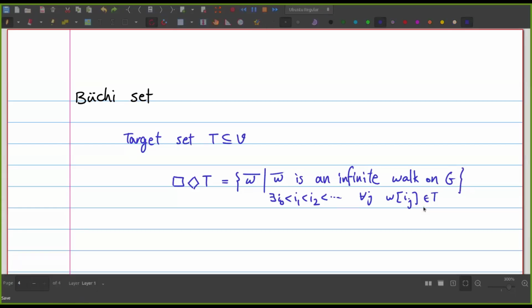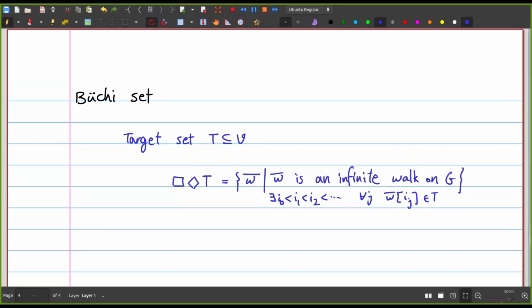Okay. So all I'm saying here is I want to look at the set of all the infinite walks on G, starting at my vertex V0, that visit my target set T infinitely many times. So this W bar is visiting T at times I0, I1, I2, and so on, and this is an infinite sequence.